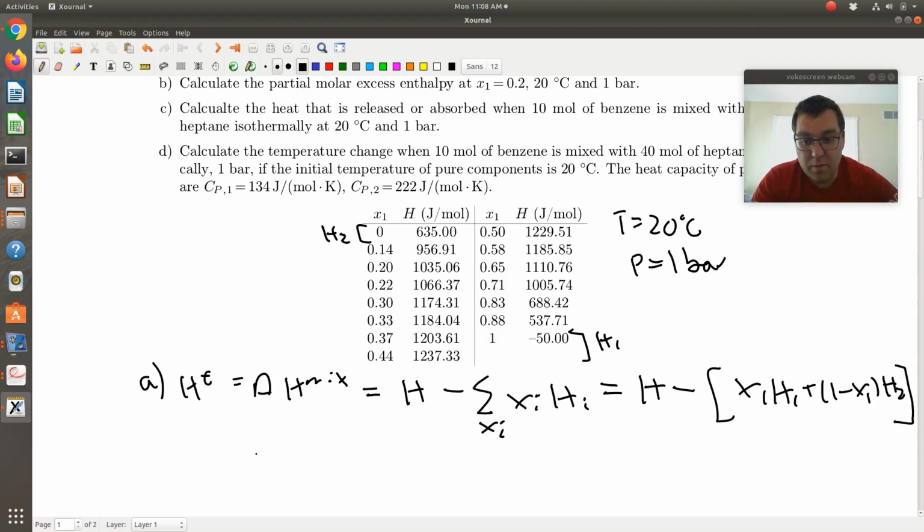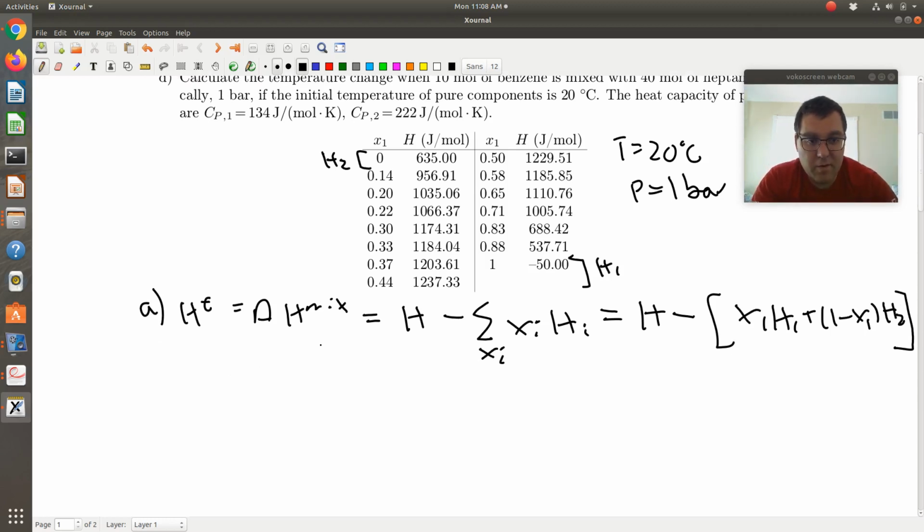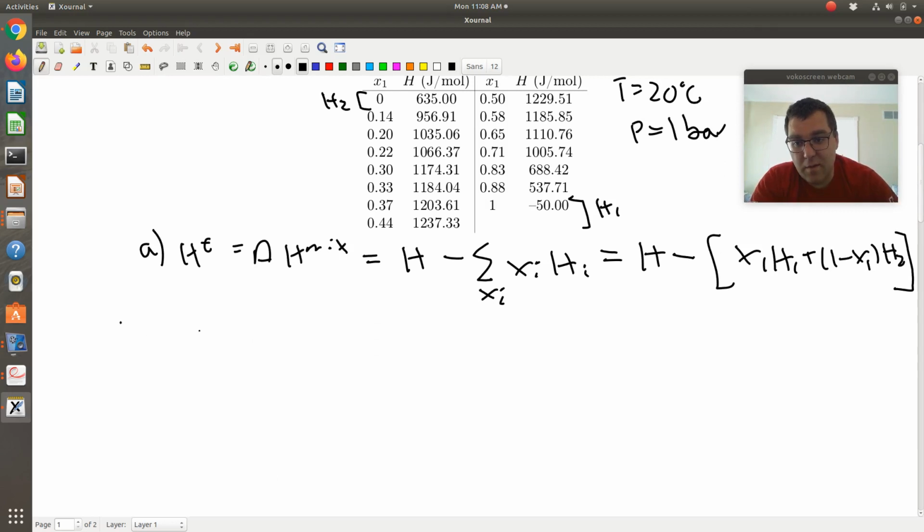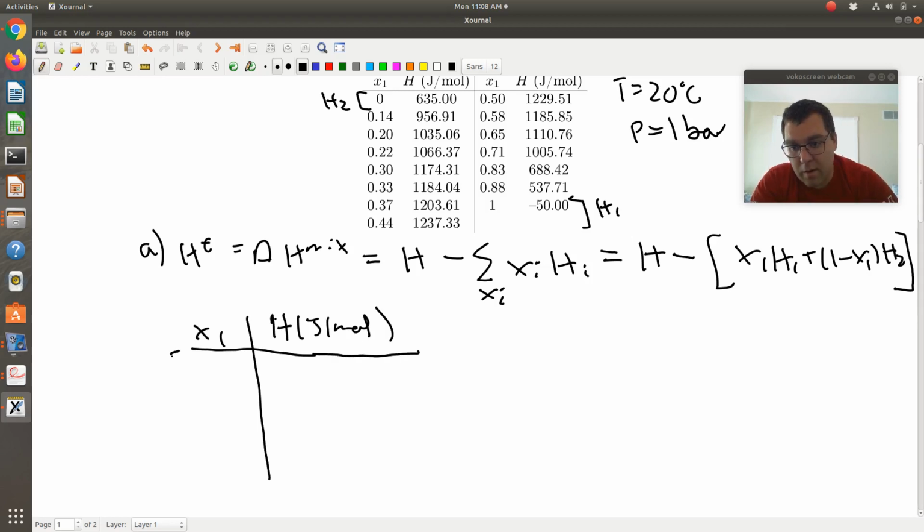Cool. And so if I'm thinking about setting this up in Excel, I would take the data provided and tabulate it, so here I have x1, here I have H in joules per mole, going from 0 to 1. In row 1, this enthalpy would give me H2, and down here, the pure component limit at the other extreme would give me H1.